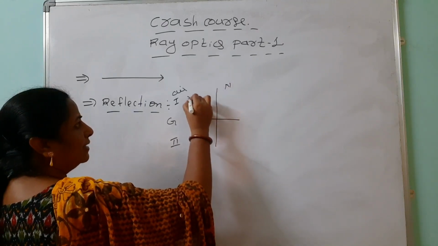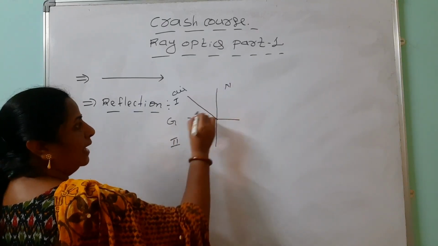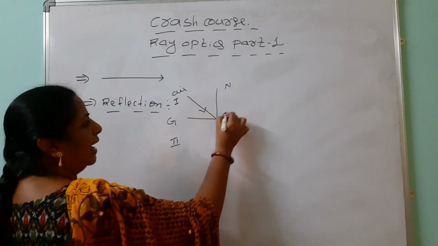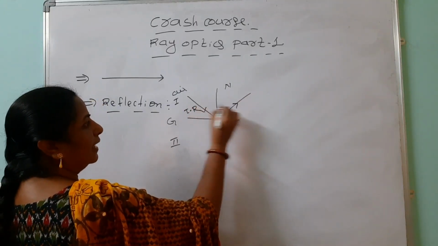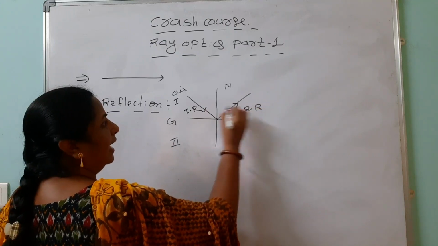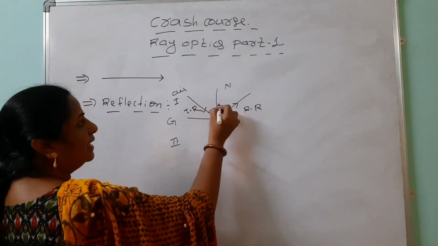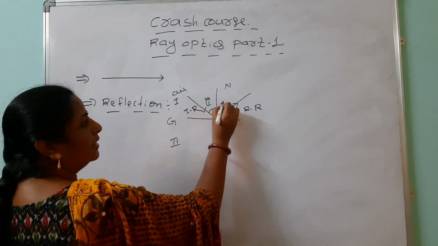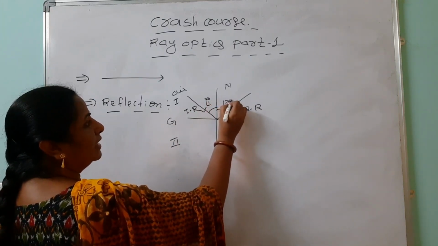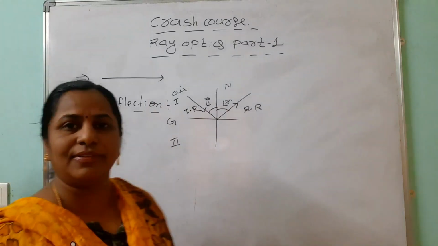When light falls on the surface, a part of the light comes back into the same medium. This is the incident ray and this is the reflected ray. The angle between the incident ray and the normal is called the angle of incidence, I. And this is called the angle of reflection, R. So what is reflection?